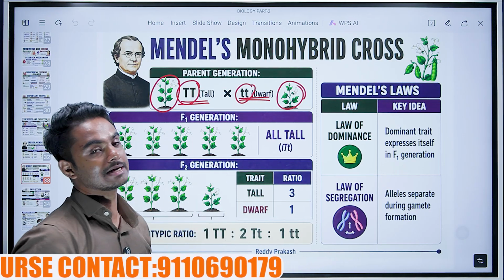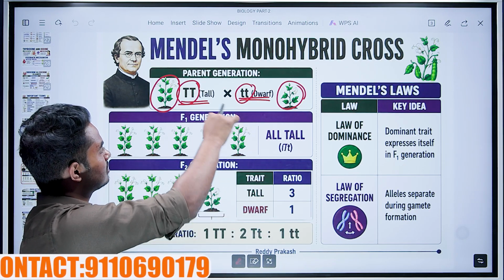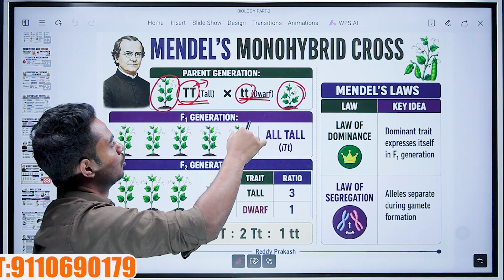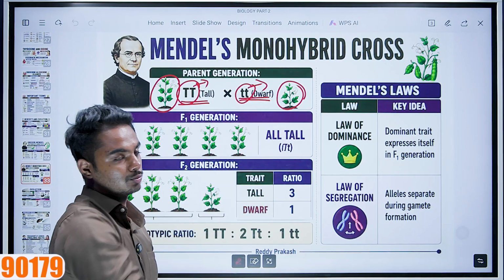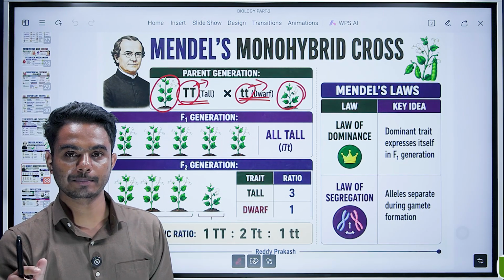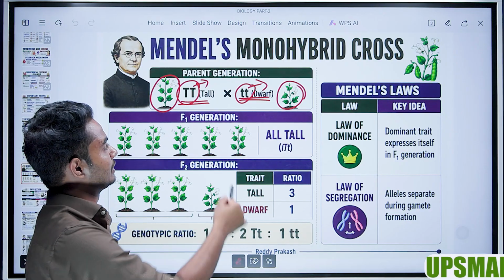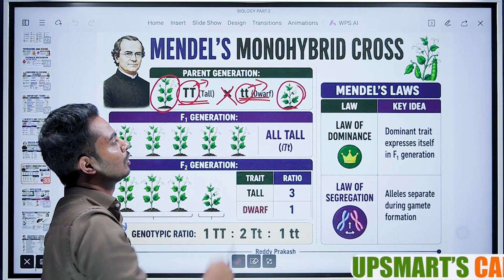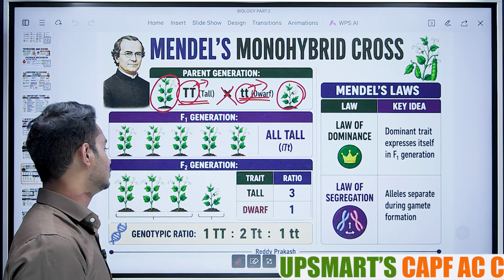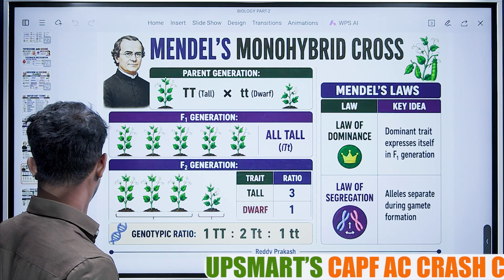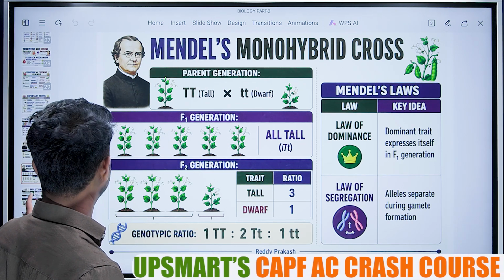These are pure parents, because both are either dominant or recessive. He picked two different pea plants like this. Now he crossed both of them. Now we'll see what the result is. I'll show you the result.